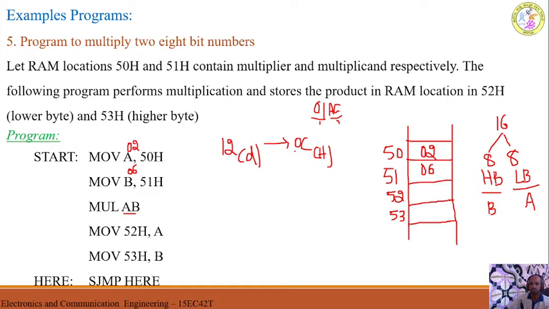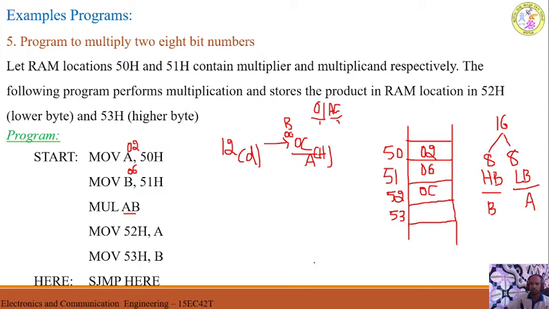Now what is the higher result here? The higher result is 00, so 0C can also be written as 000C. Therefore, 0C is available in the accumulator and 00 is available in the B register. Then MOV 52, A. What is A now? 0C. That is copied to 52, so 0C will come here.